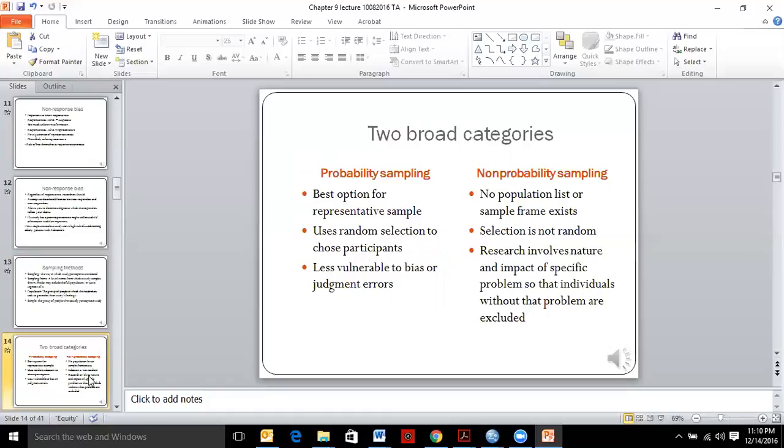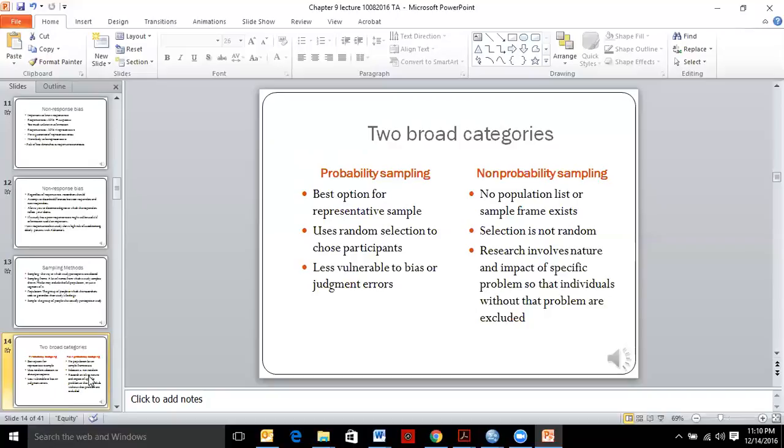So we have two types of sampling. We have probability sampling and we have non-probability sampling. Probability sampling is the best option for a representative sample because it uses random selection to choose participants, and it's less vulnerable to bias or judgment errors.